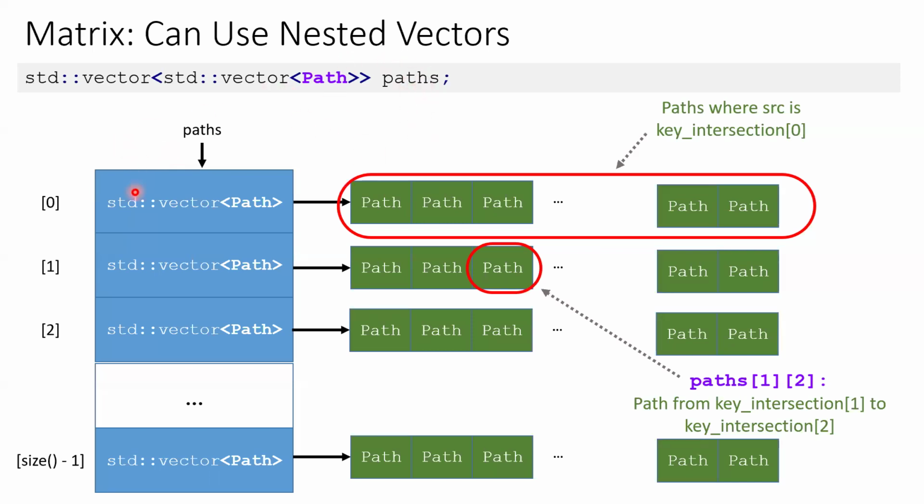What it will look like is a vector of paths, and each one will be a path from intersection 1 to intersection 2, or intersection I to intersection J.